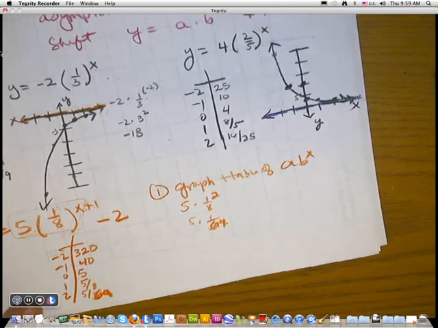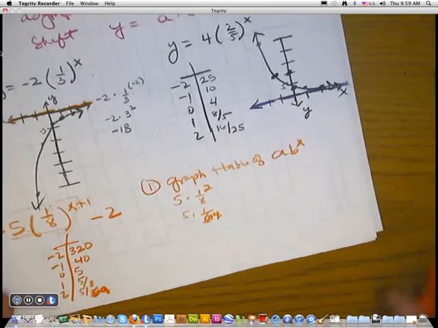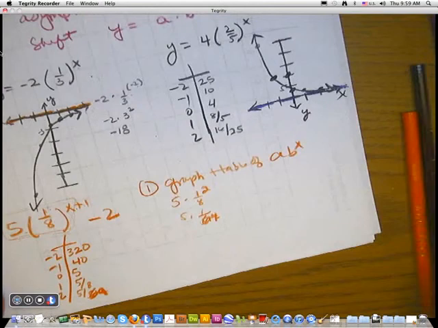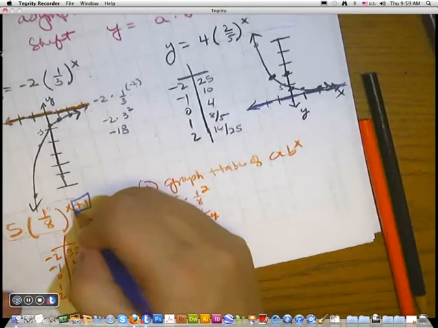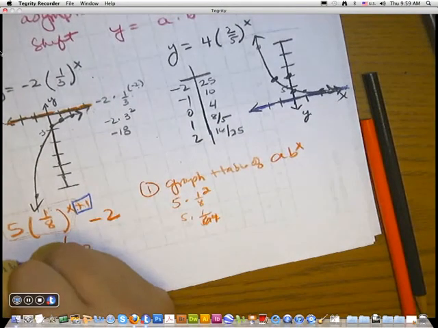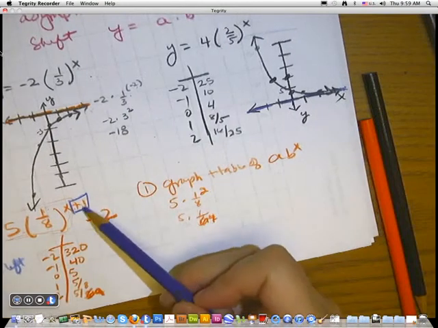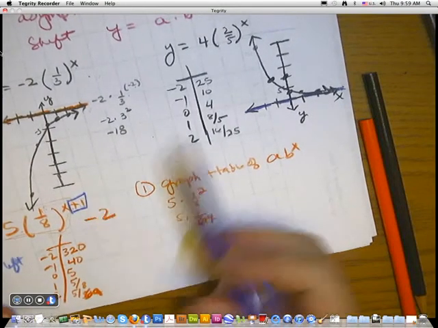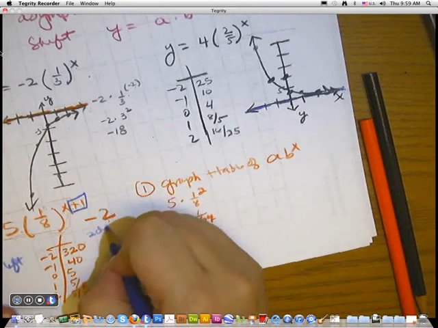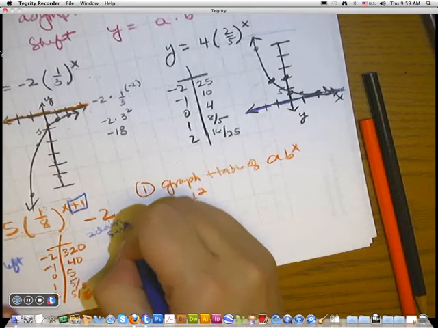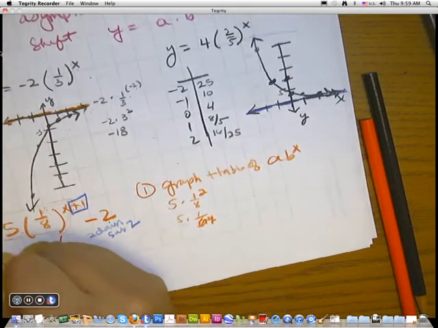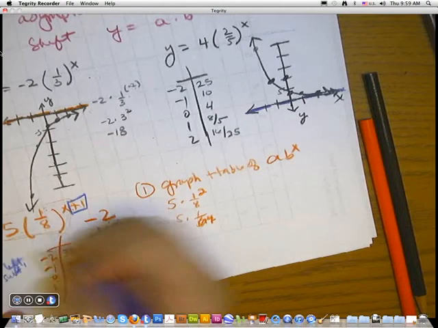Okay, so now we need to shift. When we shift, we're going to do 1 to the left because we're going to do the opposite sign. And then we're going to do 2 down. So that means subtract 2. 1 to the left means subtract 1.